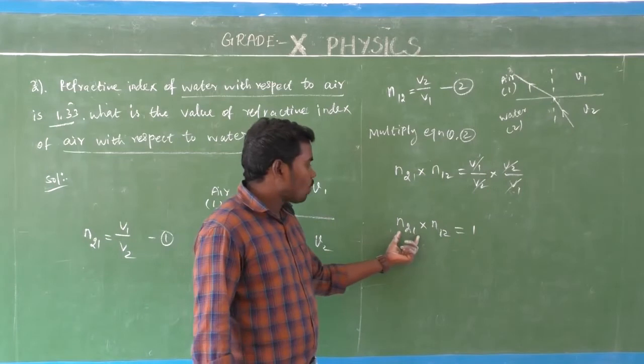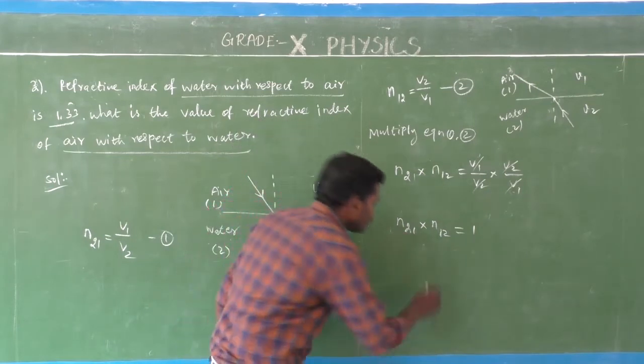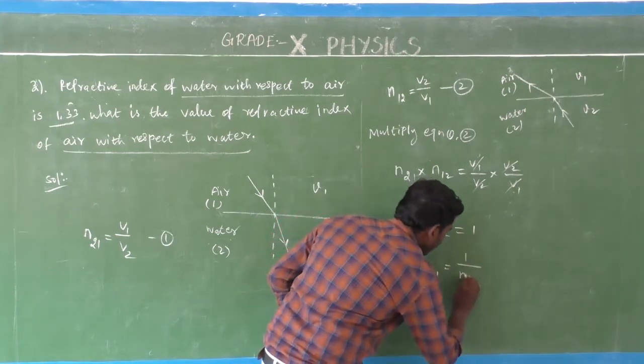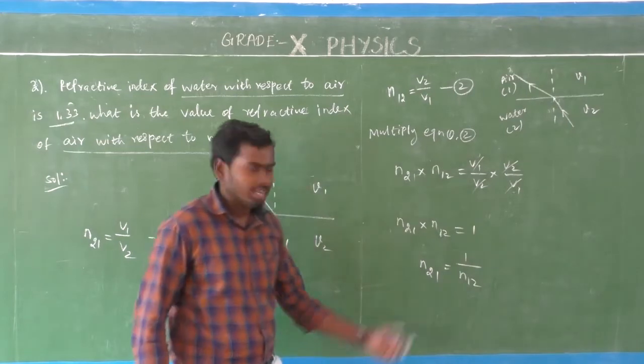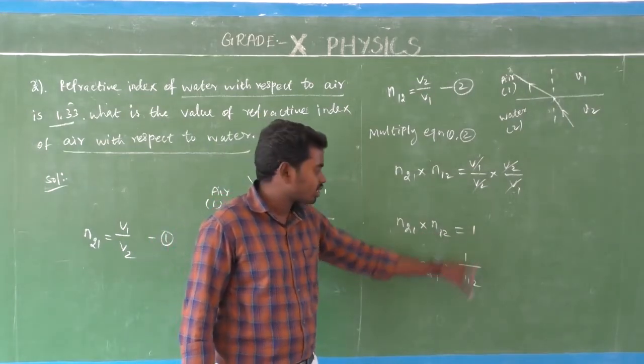Suppose we need the refractive index of medium 2 with respect to medium 1. It is equal to 1 divided by n12. This multiplication changes into division.